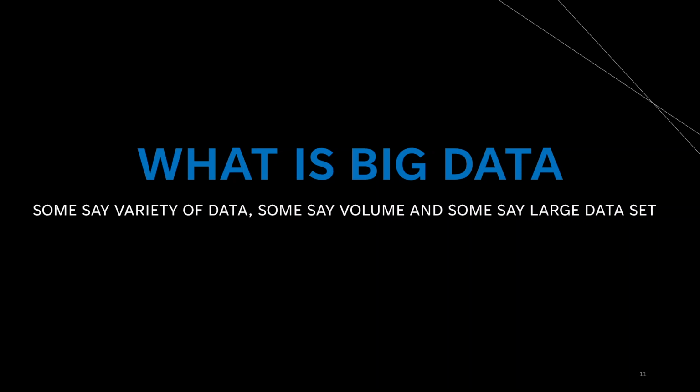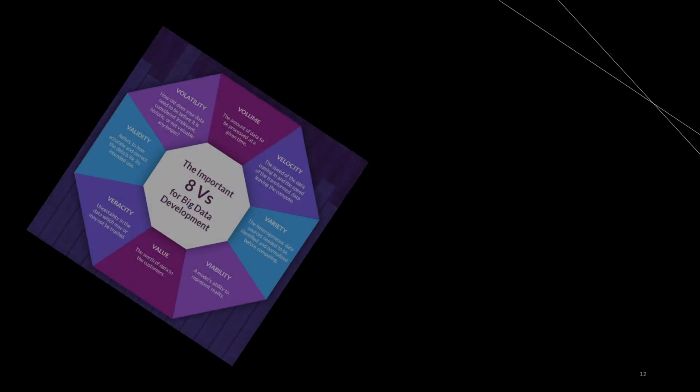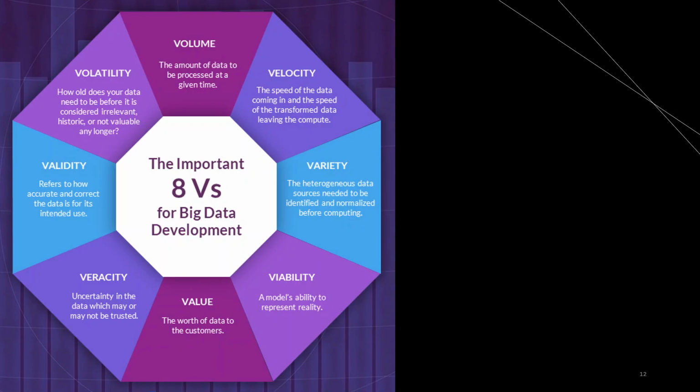We'll discuss how it has been coined as big data. We have 8 V's on which we can consider big data. We have volume, velocity, variety, viability and value, veracity, validity, and volatility. These are the 8 important V's that need to be considered if we have to call some sort of data big data.